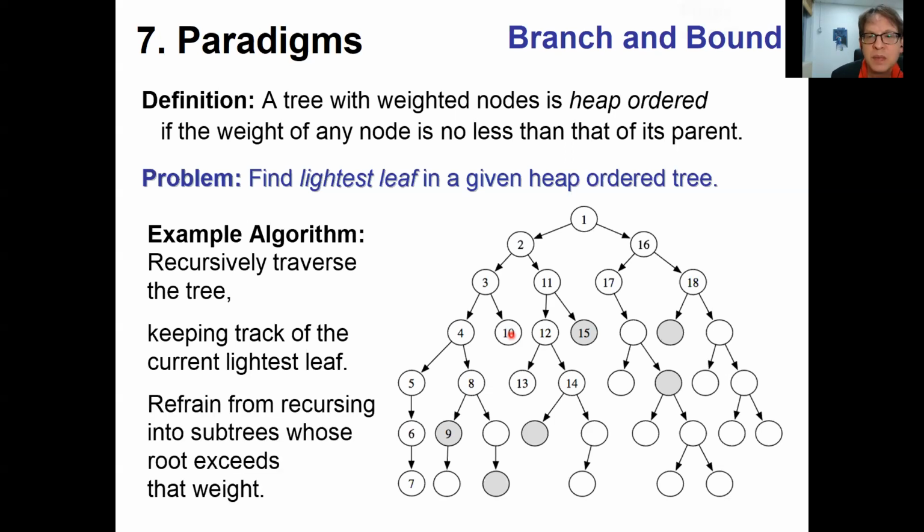Once a certain subtree has been identified to have a root which already exceeds the current least weight candidate, then there's no need to recurse into that subtree, because by the heap order property, it means that the entire subtree, not just the root, but also all of its children and children's children, will all have a value which is already larger. So there's no need to recurse into that part.